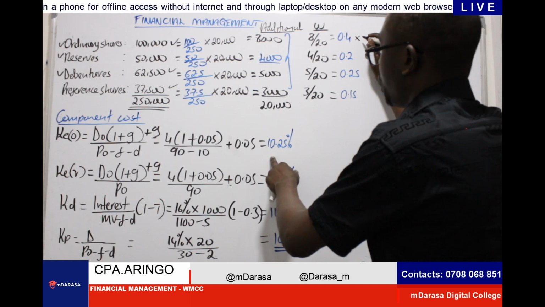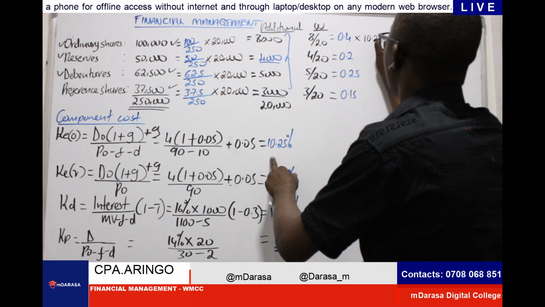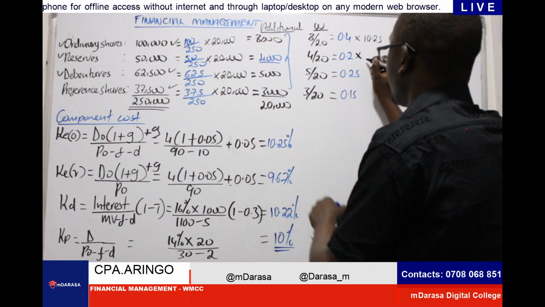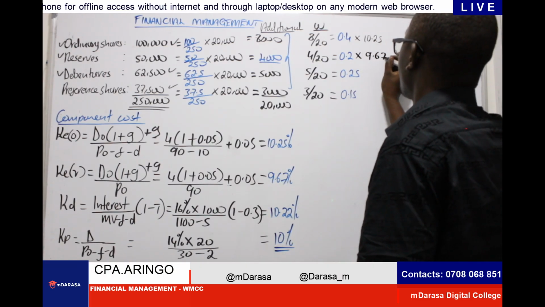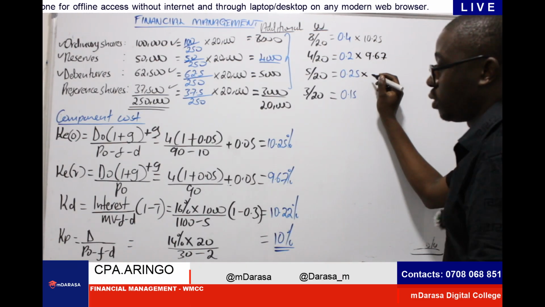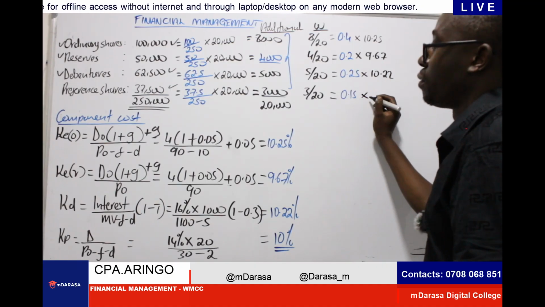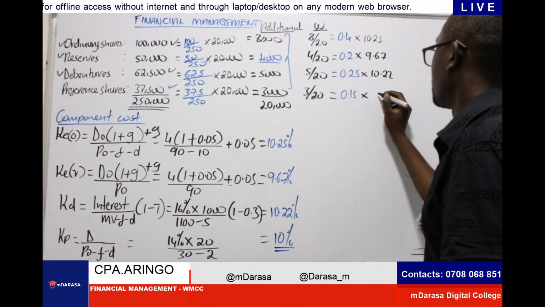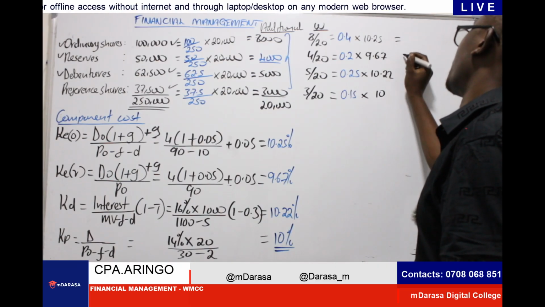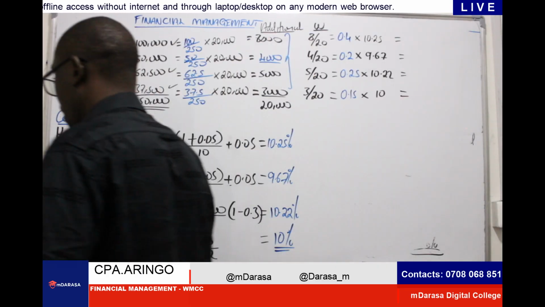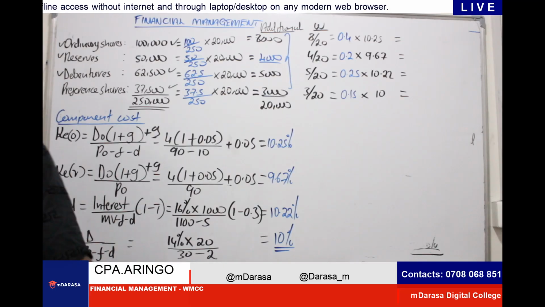For ordinary shares, 10.25. For retained earnings, 9.67. For debentures, 10.22. For preference shares, 10. So in the long run, what will we be having as our weighted marginal cost of capital?